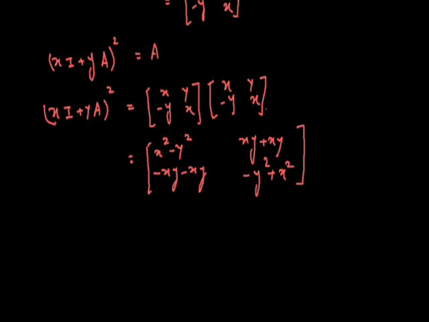So (xI + yA) whole square equals A gives x square minus y square, 2xy, minus 2xy, x square minus y square.